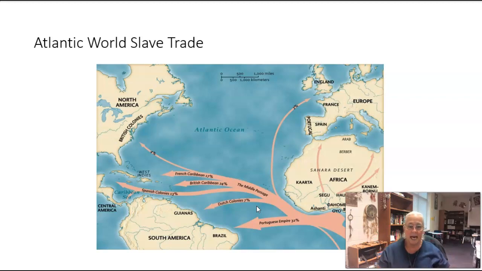The slaves coming out of Africa are going to be sold into slavery by their fellow countrymen. It was quite common in Africa for warring tribes, at the end of a war, for the victor to enslave the losing tribe.